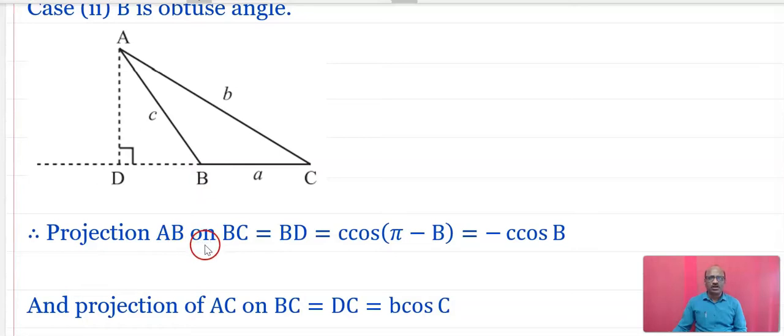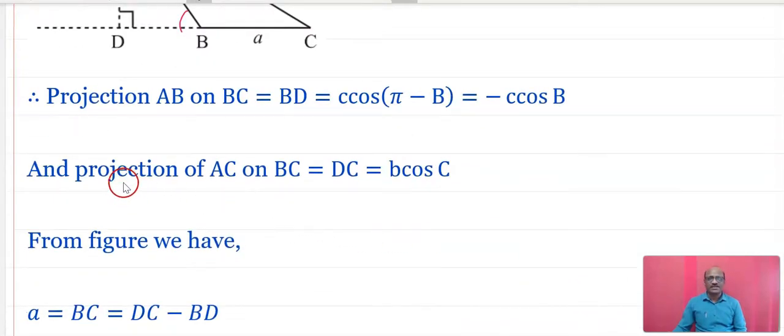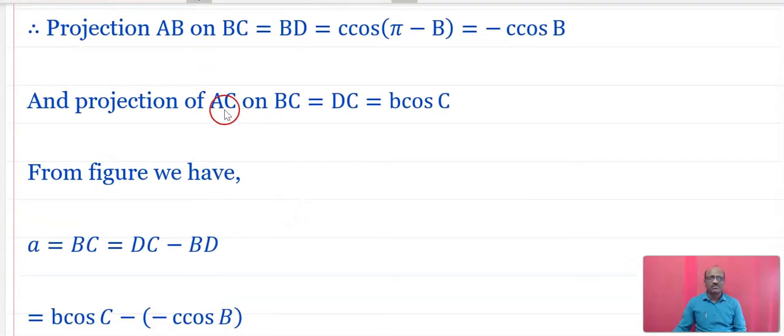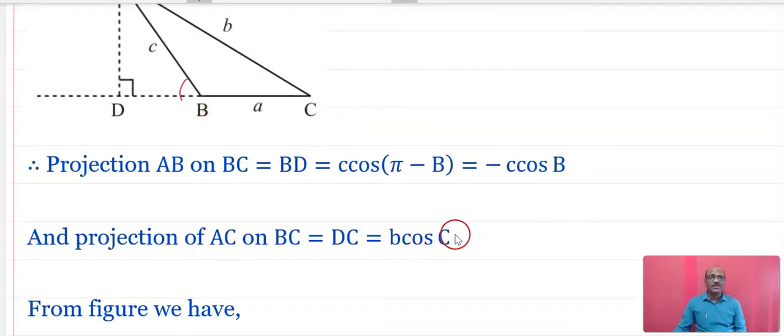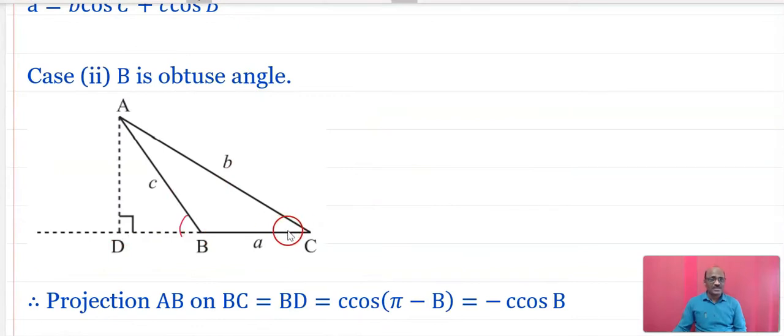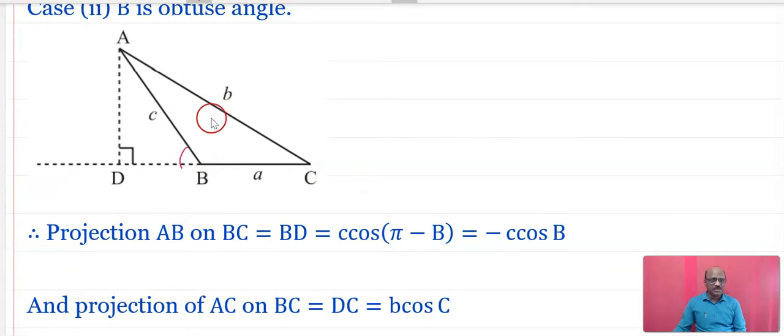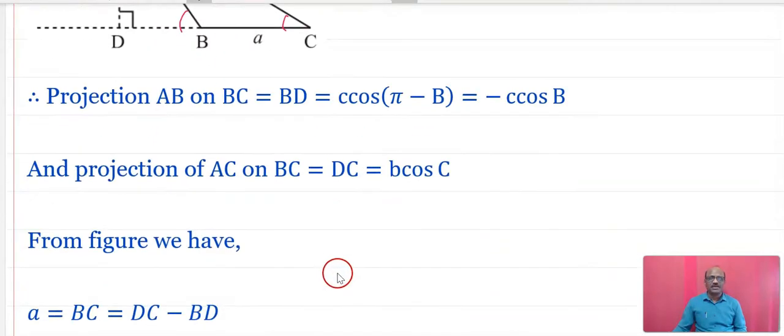Again, the projection of AB on BC is equal to BD, and this BD is equal to c cos of (pi minus B), since this angle is pi minus B. Cos of (pi minus B) is nothing but minus c cos B. And again, the projection of AC on BC is DC, which is equal to b cos C.